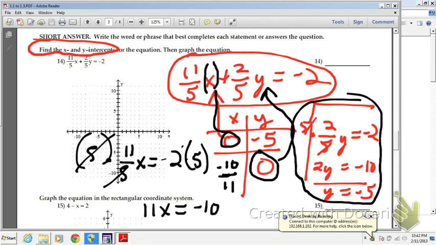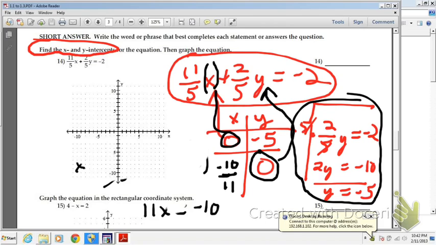Okay? So in terms of finding and plotting the x and y intercepts, you can certainly do that. So let me zoom in on this graph. Okay, so 0, -5, where does that live? That lives, let me grab that right about here. 0, -5. And -10/11ths, well, that's awfully close to -1, right?